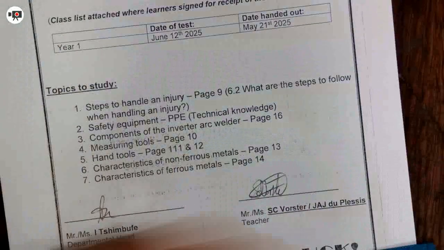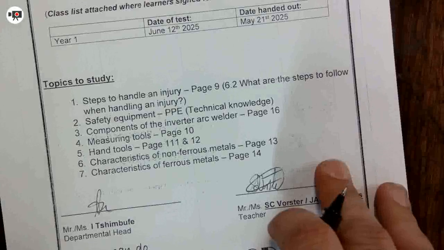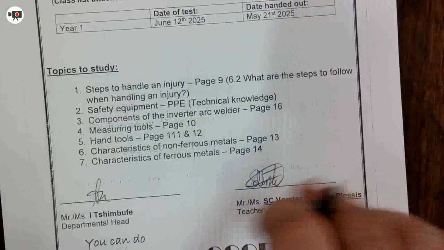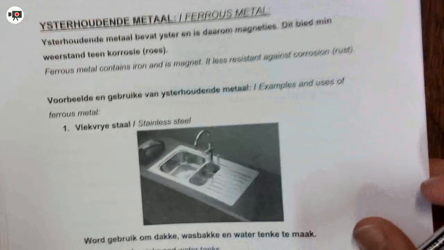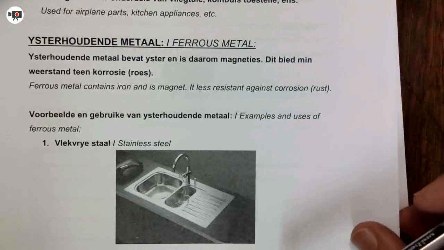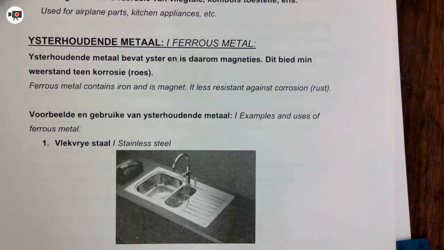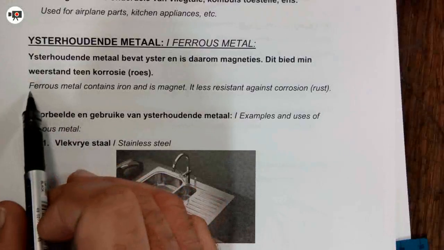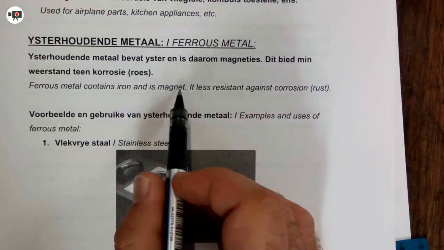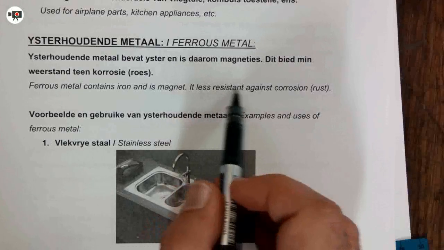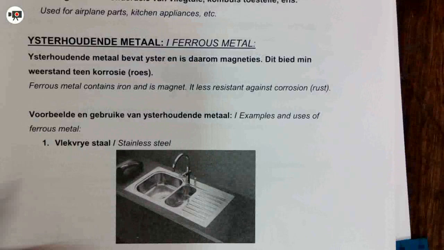Then number 7, the last part, characteristics of ferrous metals on page 14. We turn around the page. Then we start getting the sentence again for ferrous metals. And it goes like this. Ferrous metal contains iron, is magnetic, and it is less resistant against corrosion.